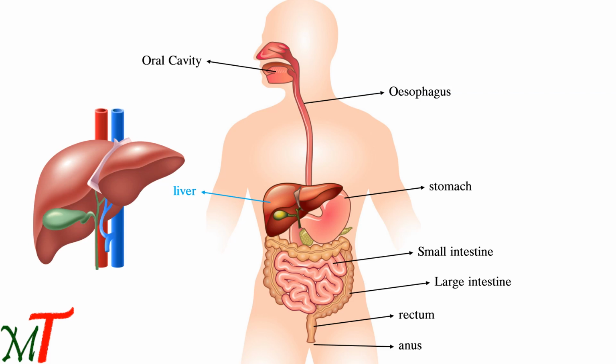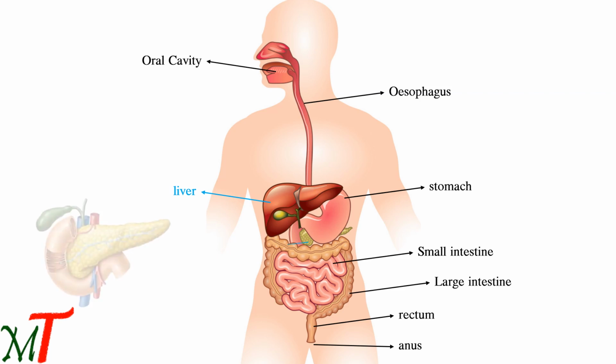The other two main parts are the liver and the pancreas. These salivary glands, liver and pancreas are helpful to digestion. They release enzymes into the digestive system.